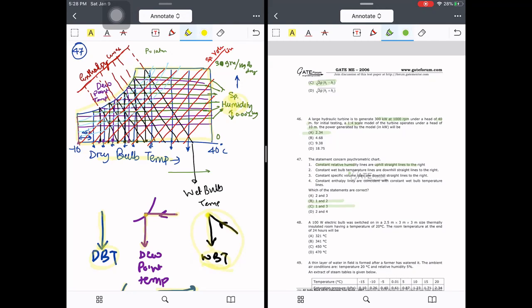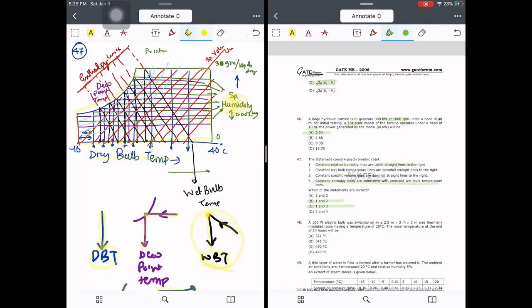Now let us see. Options 2 and 3 are correct, because there is no other option containing 3 and 1. So I think 2 and 3 is correct. Constant enthalpy line coincides with the wet bulb temperature line.